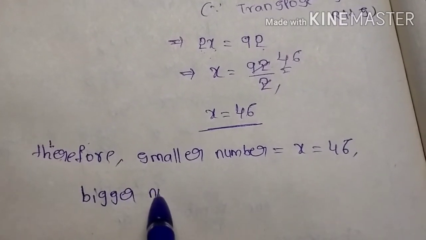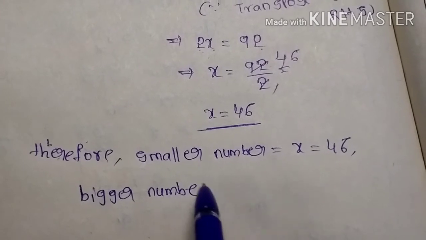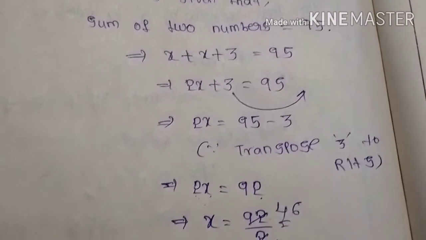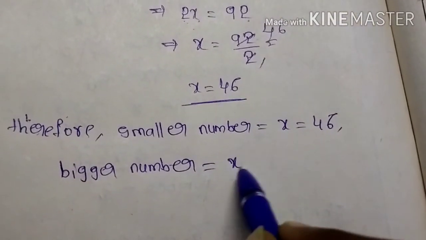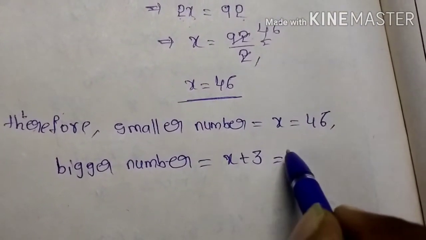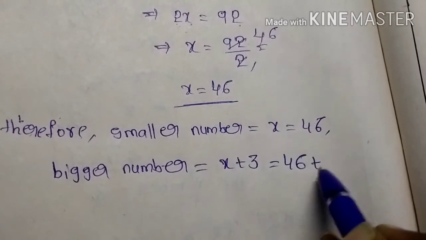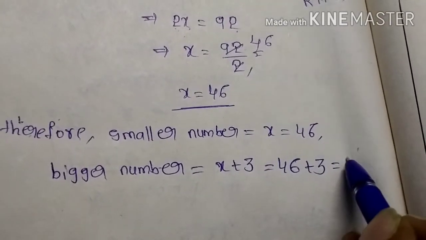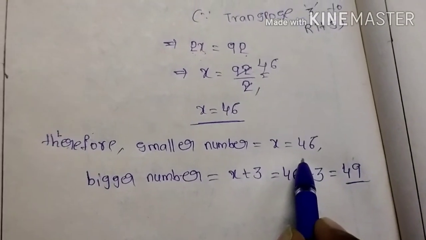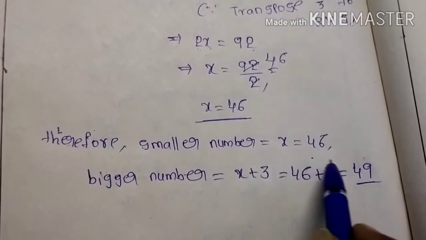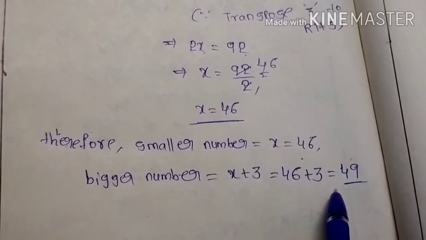Bigger number is equal. See here, the bigger number is x plus 3 or not? Yes. So that you can write here x plus 3 is equal to here how much? 46 plus 3 is equal to how much? 49. Yes or no? See here, the smaller number will be 46. Bigger number will be 49.